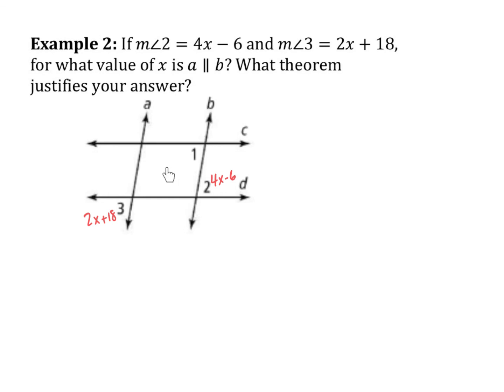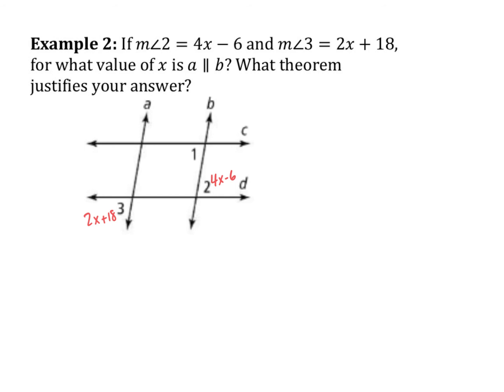If I'm using the information about angles 2 and 3, then I'm thinking of line D as my transversal. With A and B crossed by line D, those two angles are alternate exterior angles. If those lines are going to be parallel, then those alternate exterior angles have to be congruent.